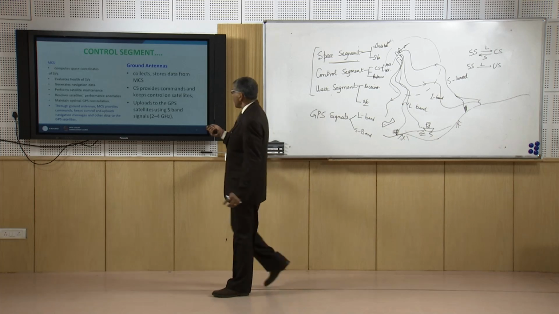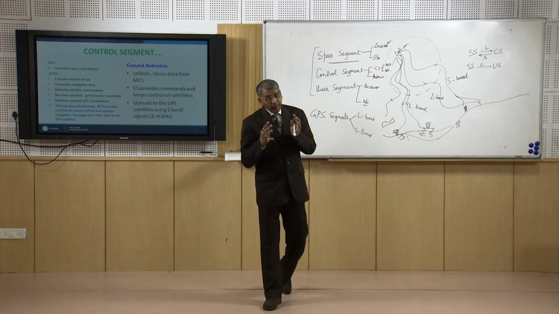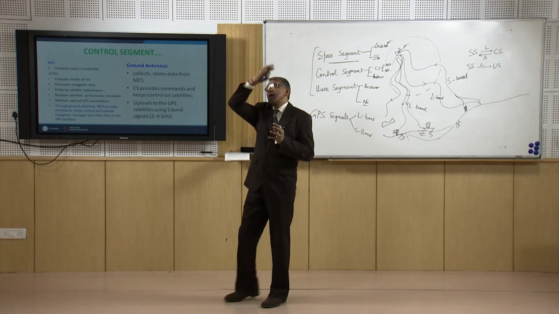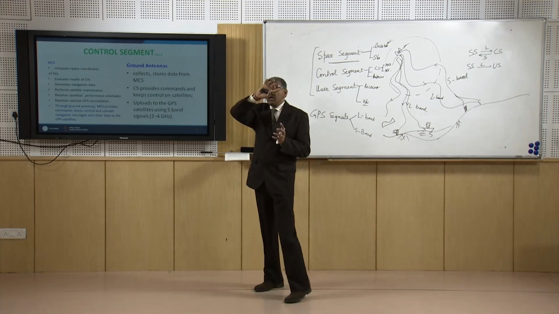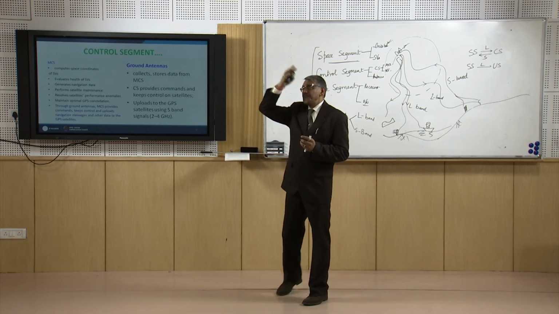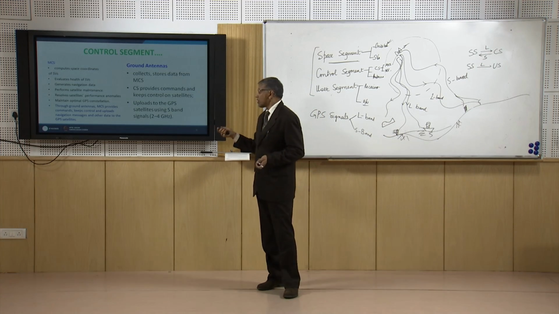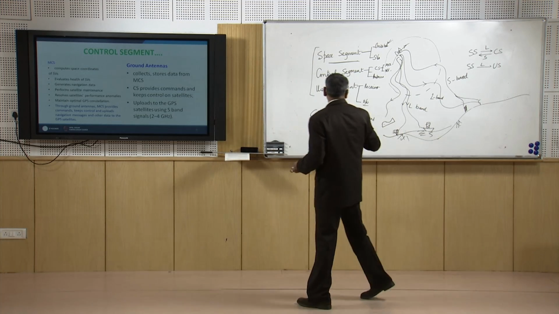Now the ground antenna collects and stores data from the master control station, and it keeps on watching the satellites moving around. Whenever it tracks a satellite moving above it, it finds out whether there is any information stored for that satellite or not. If it has stored information, then it conveys it using the S-band signal.